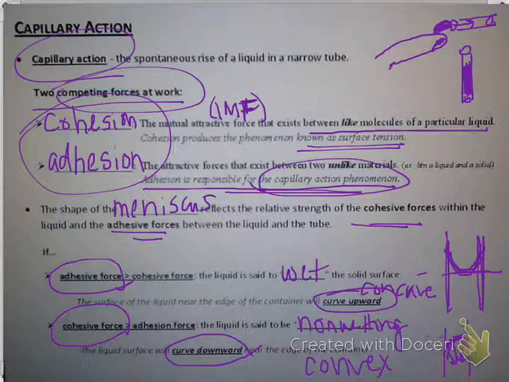An example of this is something like, have you ever used Rain-X on the windshield of your car? Rain-X is a substance that's used to de-wet the surface of your car, to bead water molecules up. It turns out that water really likes glass.